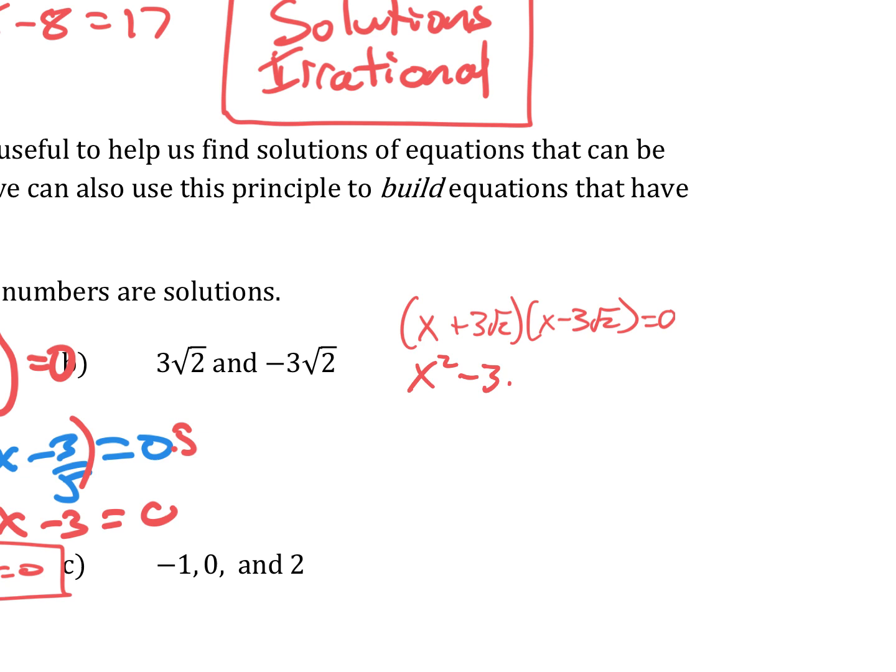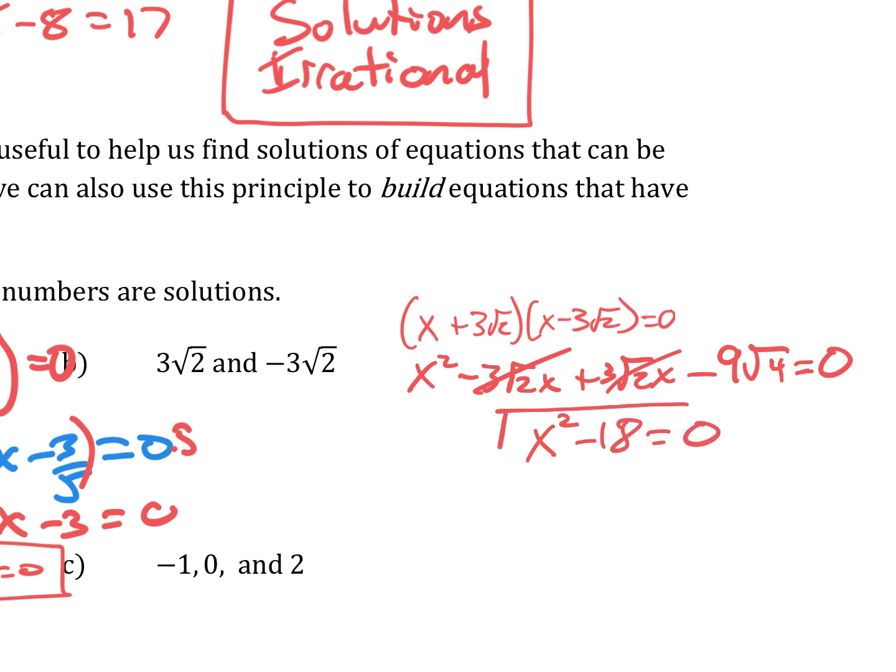We're going to get minus 3 square root of 2x plus 3 square root of 2x. And minus 3 times 3 is 9 times the square root of 4, which is obviously 2. Well, these are going to cancel, and we just have x squared, and this is 9 times 2, which is 18. There's our equation.